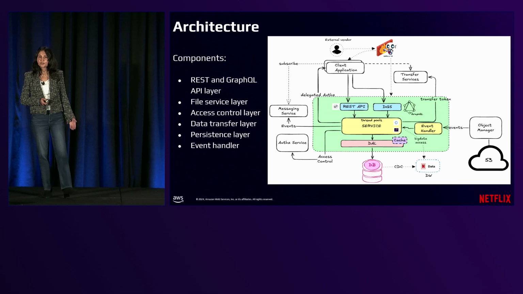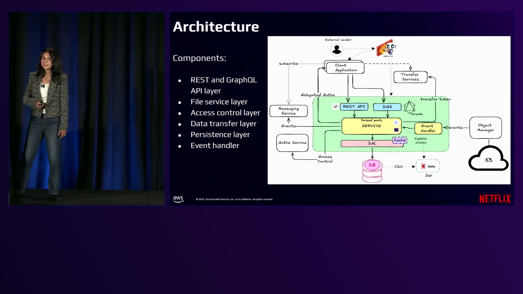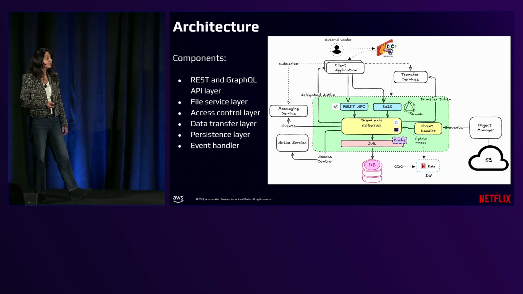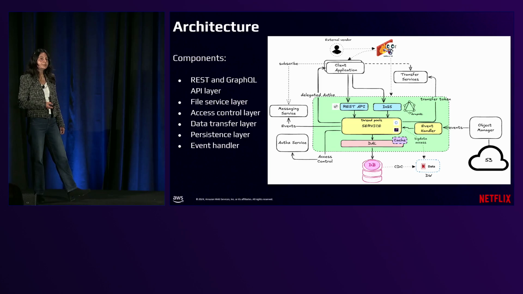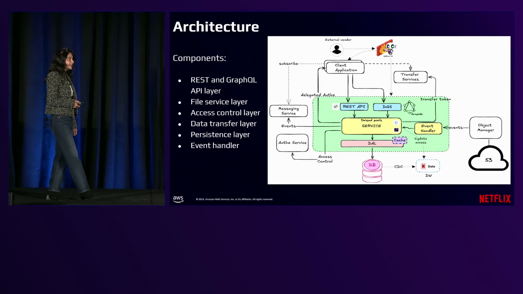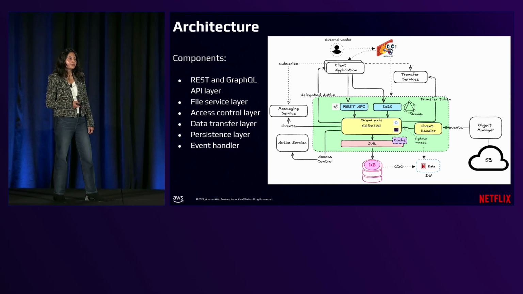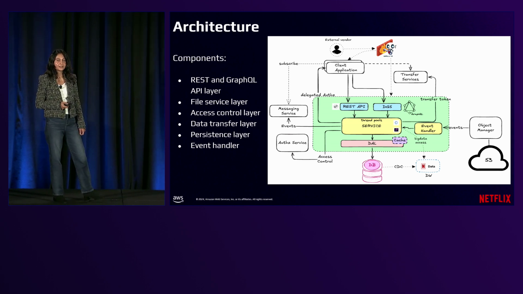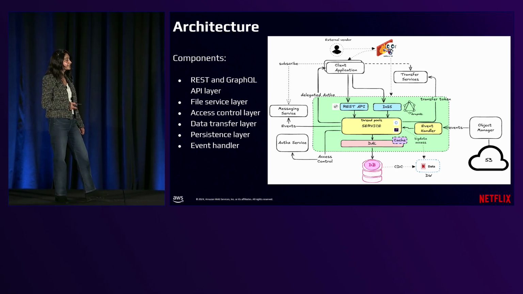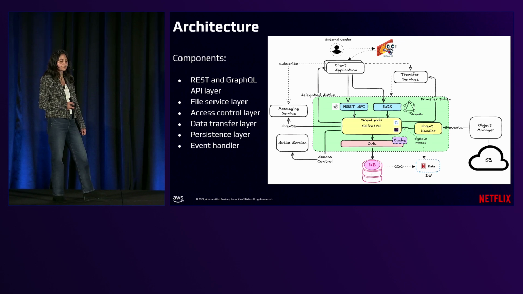The persistence layer does the actual work of maintaining this metadata structure by performing the actual DB operations to maintain the metadata. We have an event handler that gets the notifications from our object layer and then sends the file and folder notifications to the applications for their consumption.